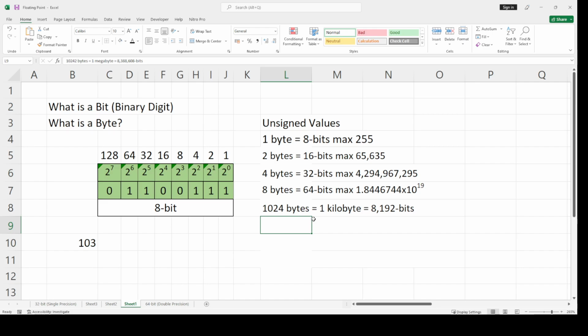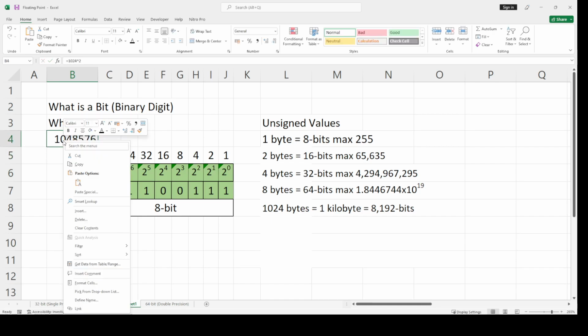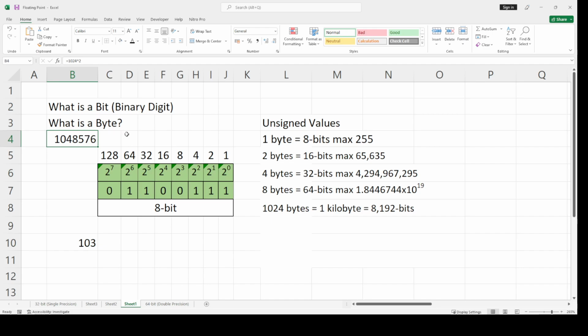So as you can see here, if I continue down this path, you would like to ask how many bytes there are in 1 megabyte. In 1 megabyte, that is 1,024 raised to 2, or 1,024 times 1,024. And that is 1,048,576.